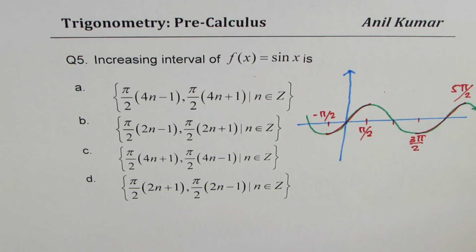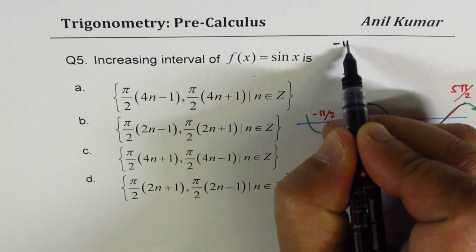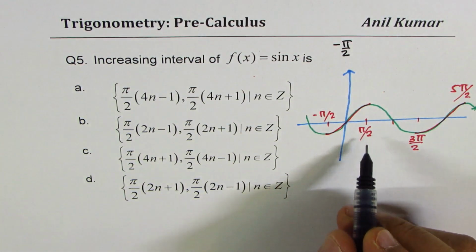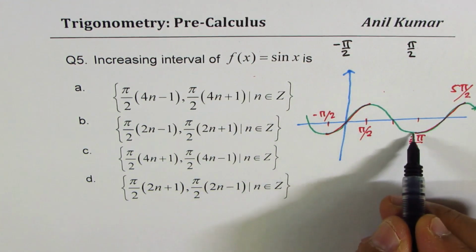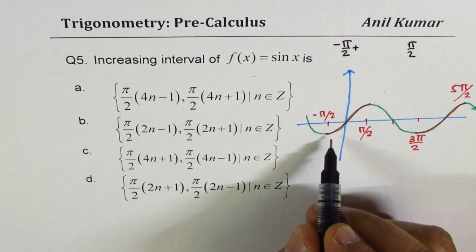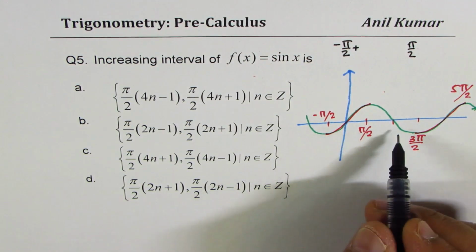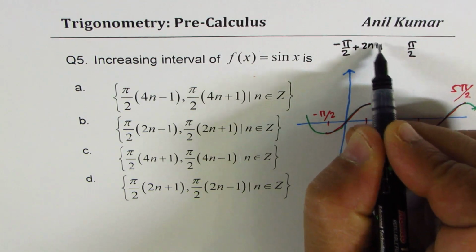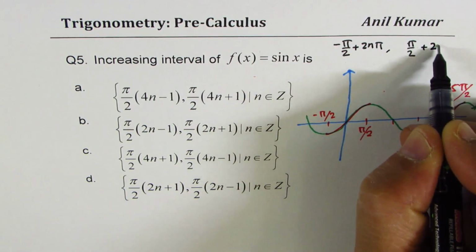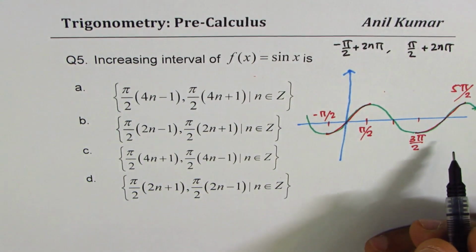So let's say the increasing interval could be written from minus pi by 2 to plus pi by 2. Now next time it repeats after we add 2n pi in it. So it is 2n pi, and here plus 2n pi. Then you get the next value.